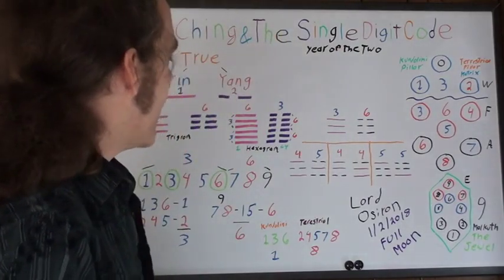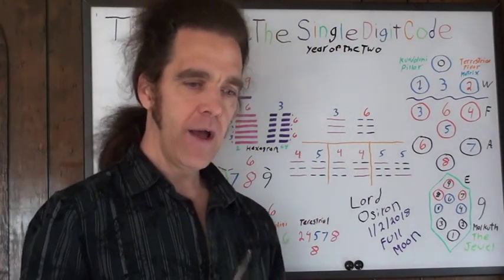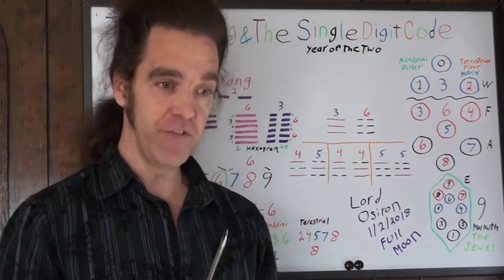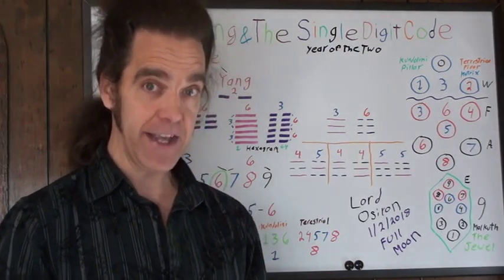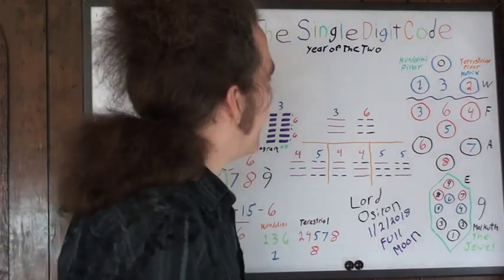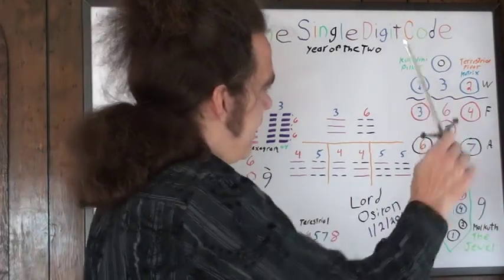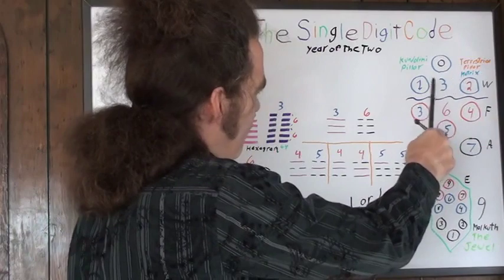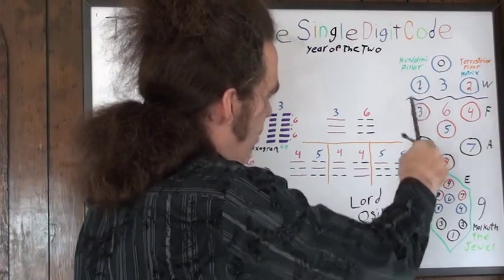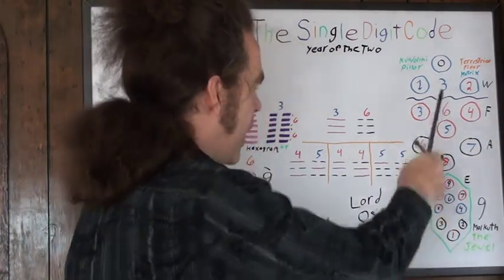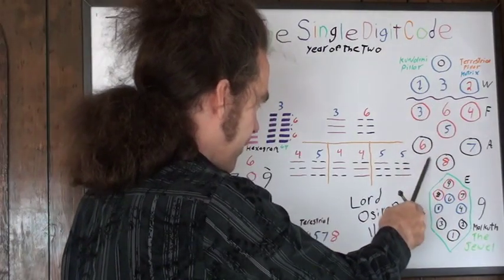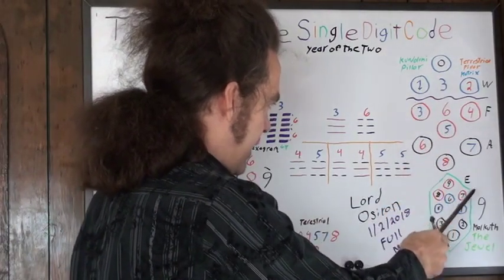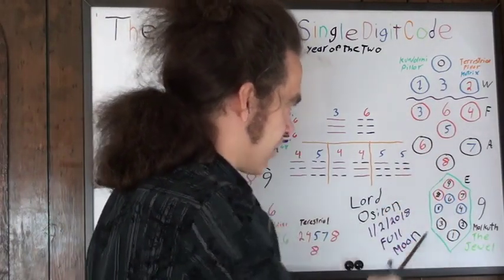But that's that. Now, one other thing I want to show on the true tree of life and how it reveals the single digit code in the machinations of the structure is, if you remember in traditional Kabbalah, these are all broken into worlds, okay? You got the upper world, the middle world, you got the third world here, and then the kingdom is Malkuth.